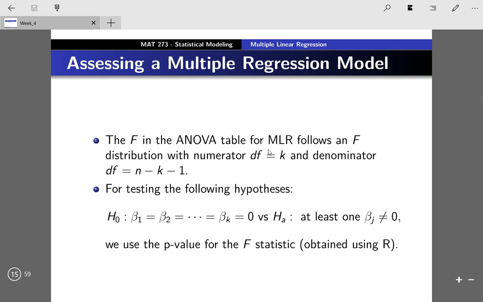A numerator degrees of freedom, which is k in this case, the number of explanatory variables, and a denominator degrees of freedom, n minus k minus 1, where n is the number of observations in the data set.